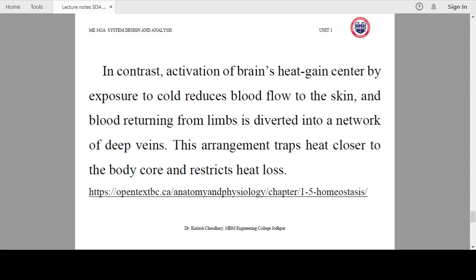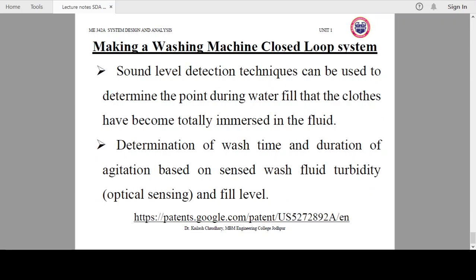The summary is that if the temperature around us is getting higher, then we start sweating, and if it goes lower, then we start shivering, because the body controls as per the signal reaching the brain. So we adjust according to the temperature around us. So this is a kind of closed loop system.